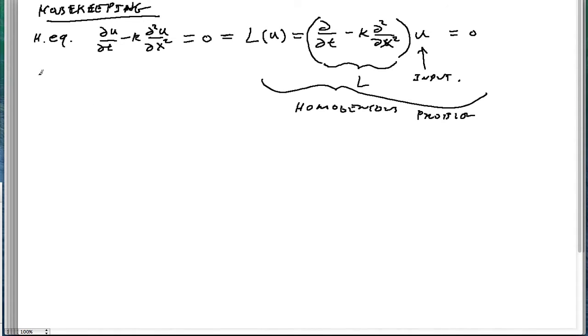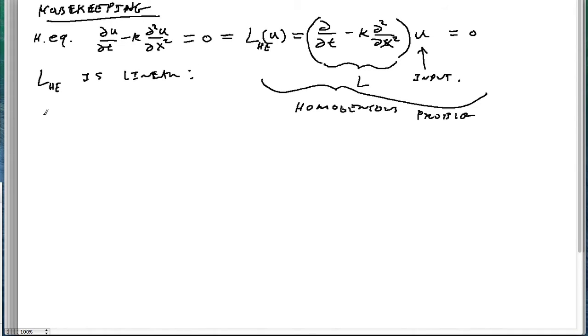And it truly is that L, for the heat equation, I can actually put down HE. We can call it HE if you want. The linear operator for the heat equation is linear. And why is it linear?